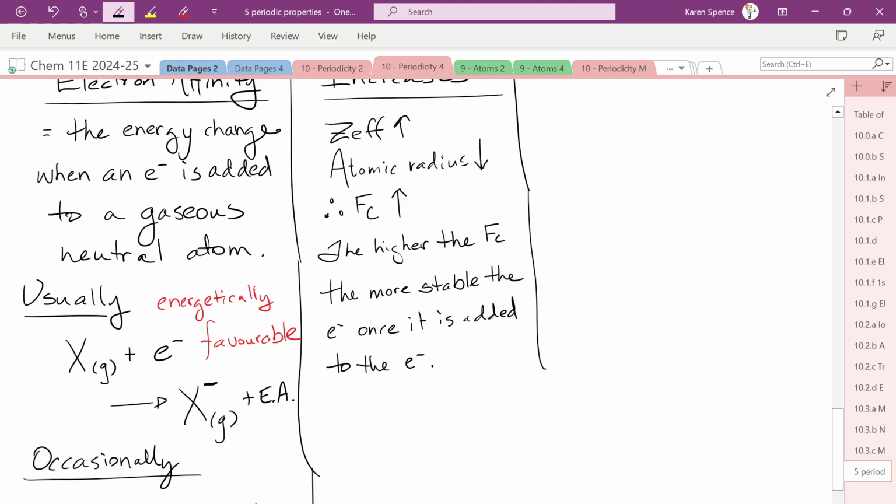The more stable the final position, the more energy is released getting there.